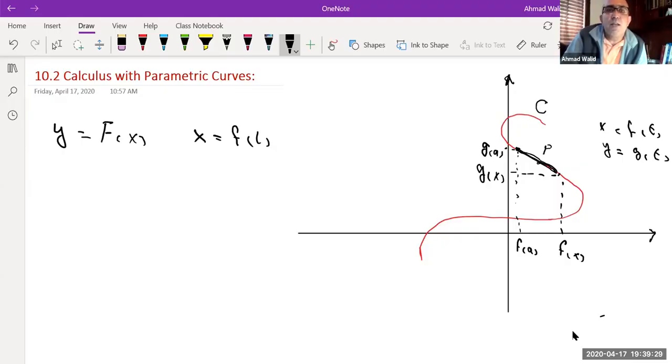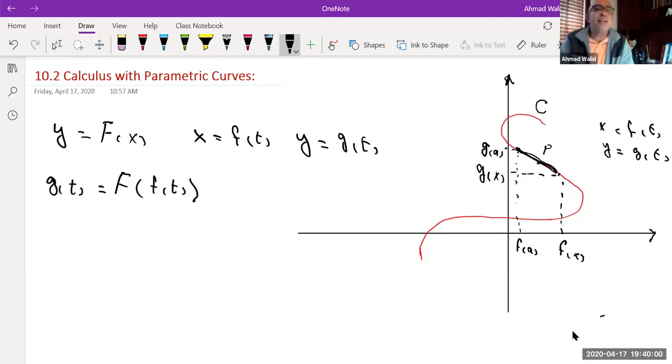At the same time, I have x equals f of t. Let's write those here because we need them. And also y equals g of t. If I replace y here with its value, I can write g of t equals capital F of, and replace x with its value, lowercase f of t.